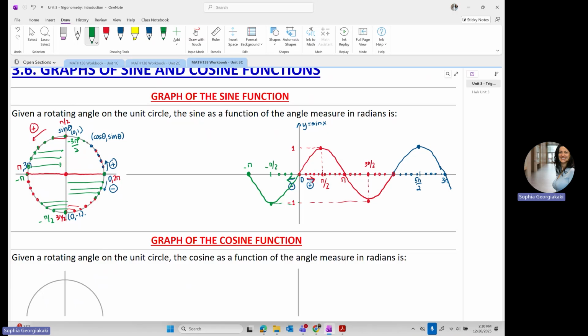And when I keep going, my sine will be positive, but will be decreasing until I hit -2 pi, when my sine will be equal to 0. And then I will be repeating myself. After -2 pi, I will be in quadrant 4. I will hit 0 when I go to -3 pi, and then I will start becoming positive, etc.